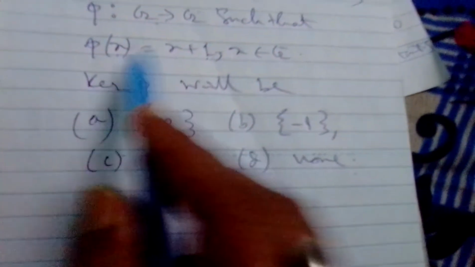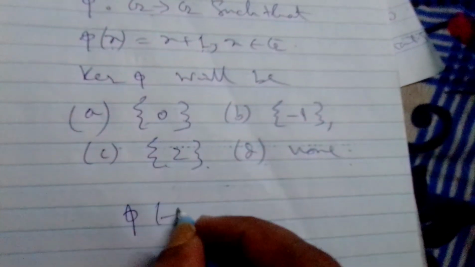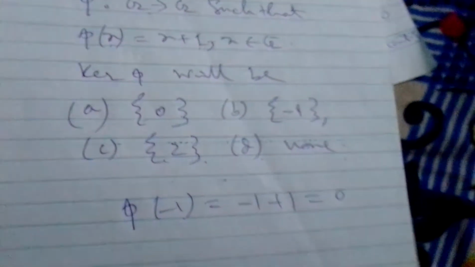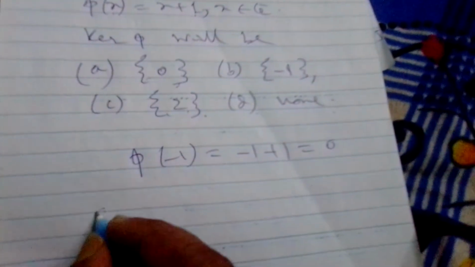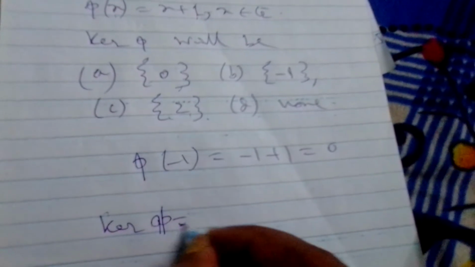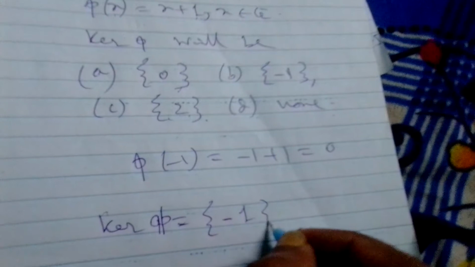Then how do we find this? If we test phi of -1, it is -1 plus 1, that is 0. So -1 will be the kernel; 0 gives 1, which is not the additive identity, and 2 is not possible, so the only kernel element is -1. So the second option is correct.